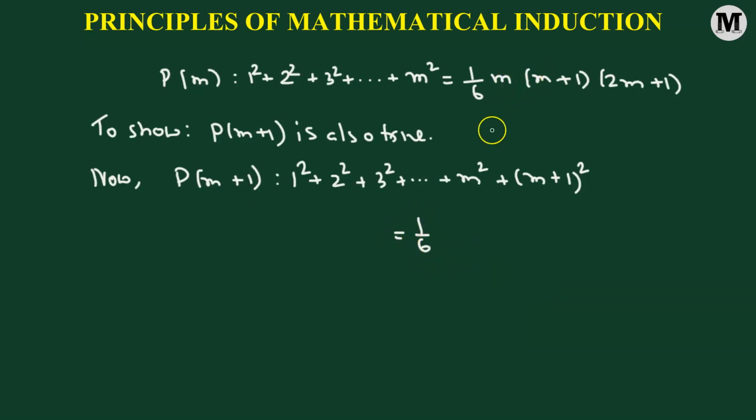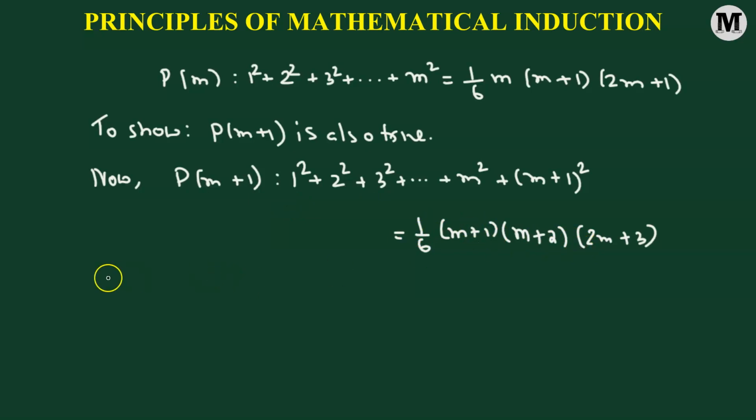Now we'll replace this m with m plus 1. So we have 1 over 6 times m plus 1 multiplied by, now m plus 1 added to 1 gives us m plus 2. Multiplied by, so we have 2 times m plus 1 added to 1. So 2 times m plus 1 is simply 2m plus 2, but we have to add 1 to it. That's going to give us 2m plus 3. So we need to show that this is also true.